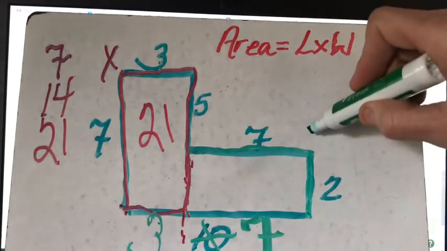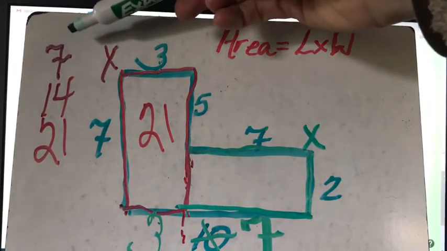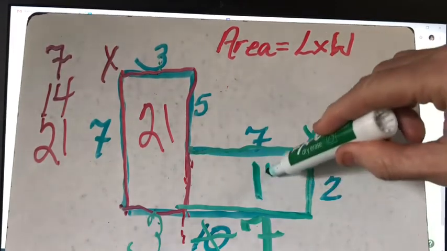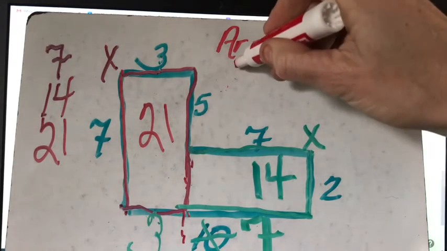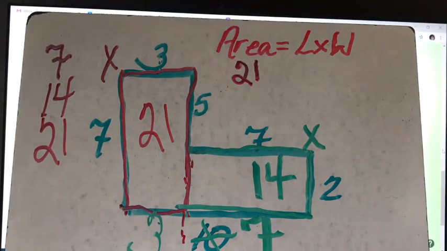So I have 7 times 2. And I know if I count by sevens, I've already done that. So 7 plus 7 is 14. So the area of this rectangle is 14. Now I just add those two together. So my first one that I found was 21, the area of the first rectangle.